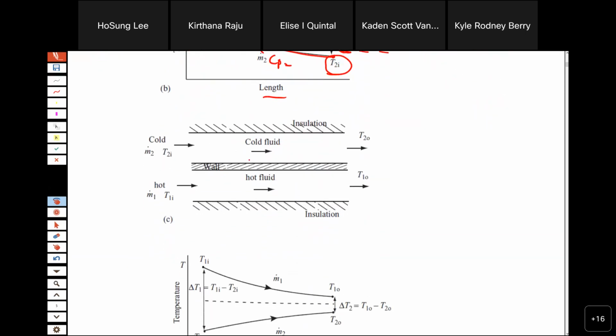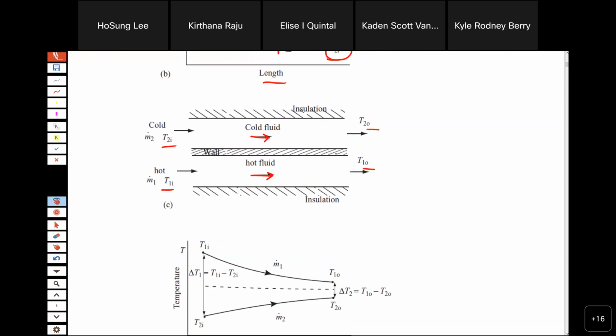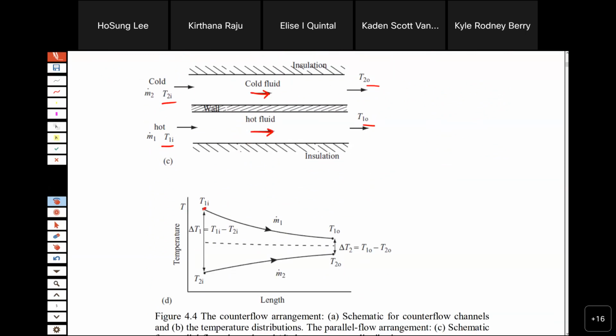Okay, now parallel flow. So T1I, T2 out, T2I, T1 out. What is the highest, which is left, which is coldest, which is left. That's why going left to right, it's increasing.